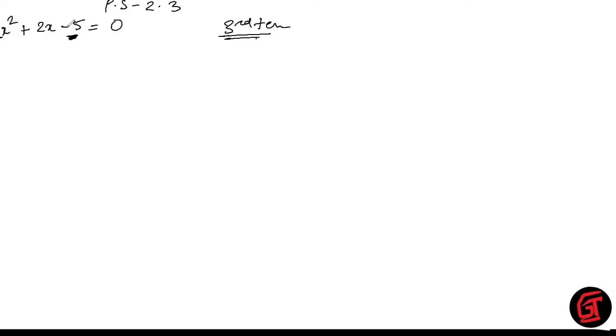Okay, let's equate this to x plus a the whole square without this third term. x square plus 2x is equal to x plus a the whole square. Now, as I said in the fourth step, this third term we don't want. We need this later, but for this equating, we don't need this third term.